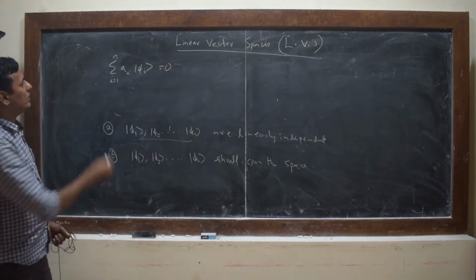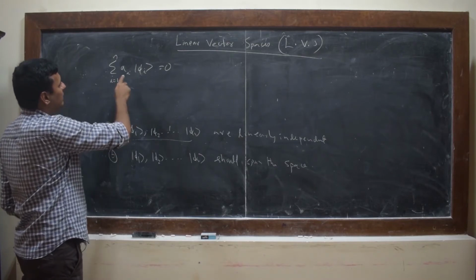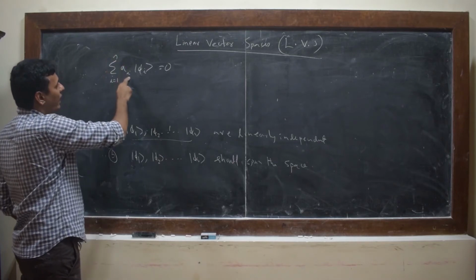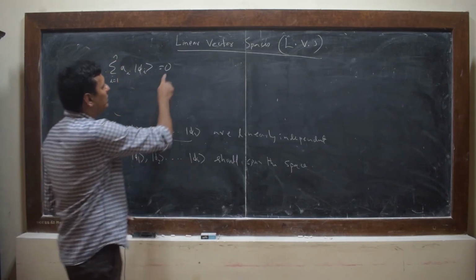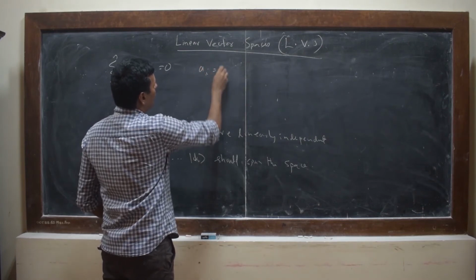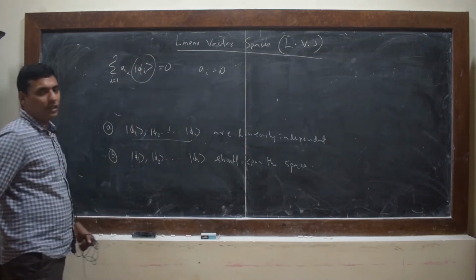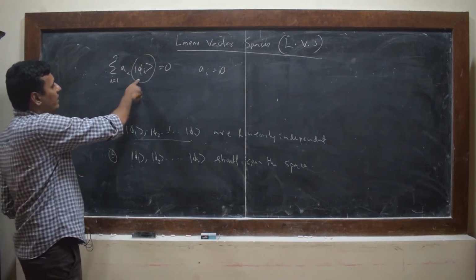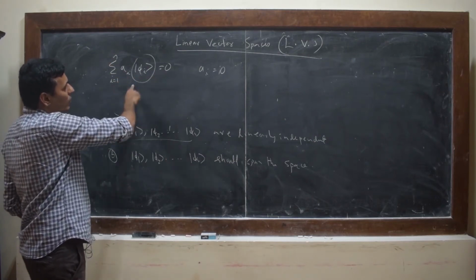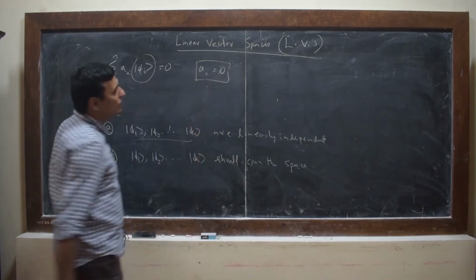If you have a set of vectors phi i and this relation is satisfied only if all a i's are 0, then you can say that these phi i's are linearly independent. The only solution is that a i must be equal to 0.